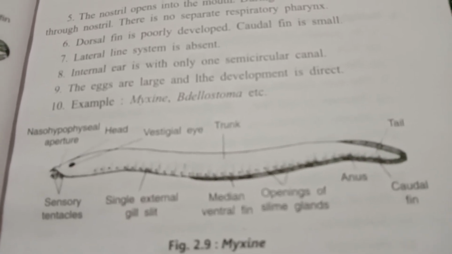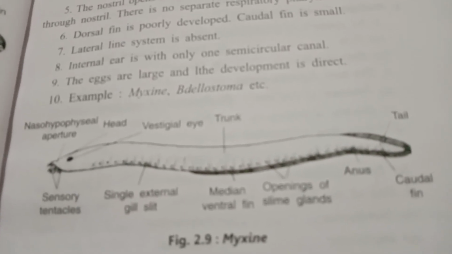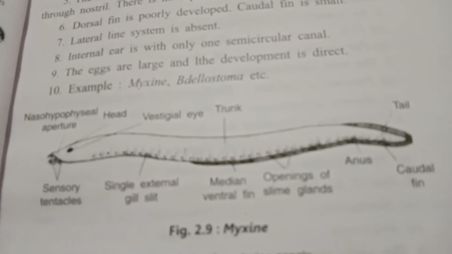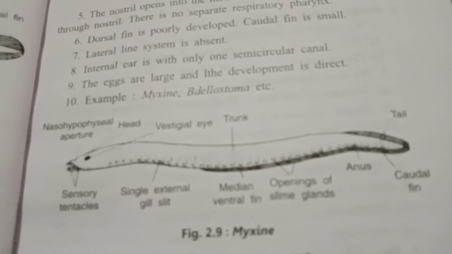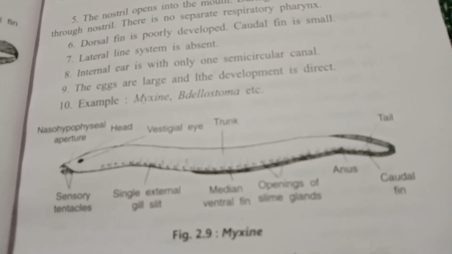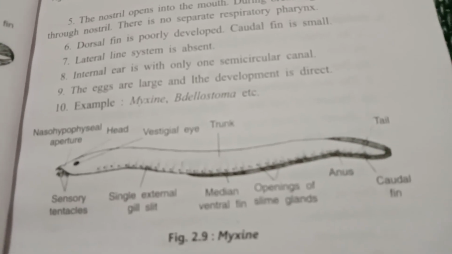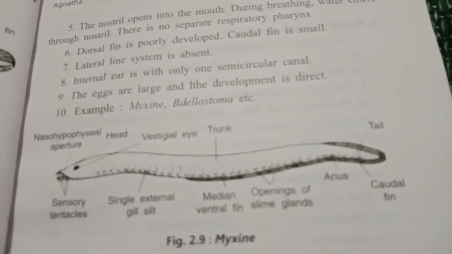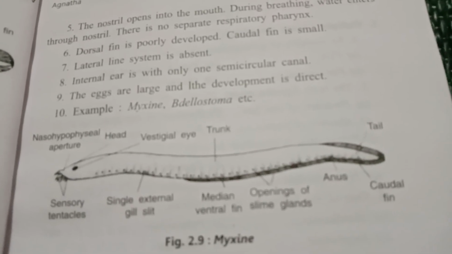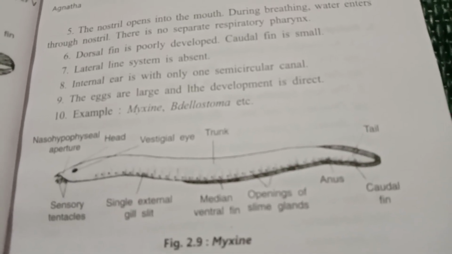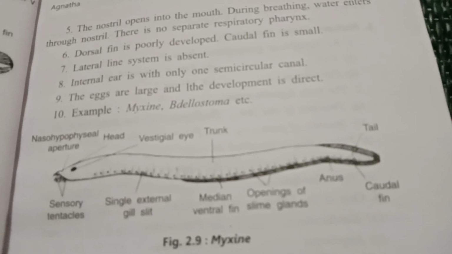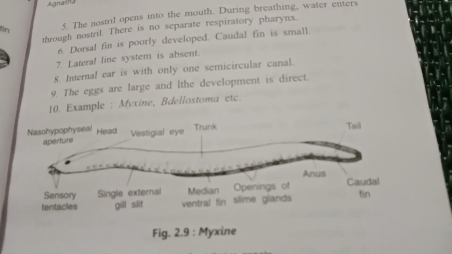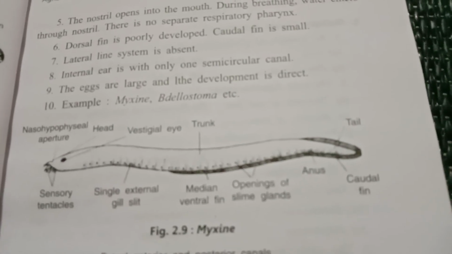The head bears the mouth, which is surrounded by the sensory tentacles, and the caudal fin is present at the tail region, and the median ventral fin is present at the trunk region. So that is all about the cyclostomata.